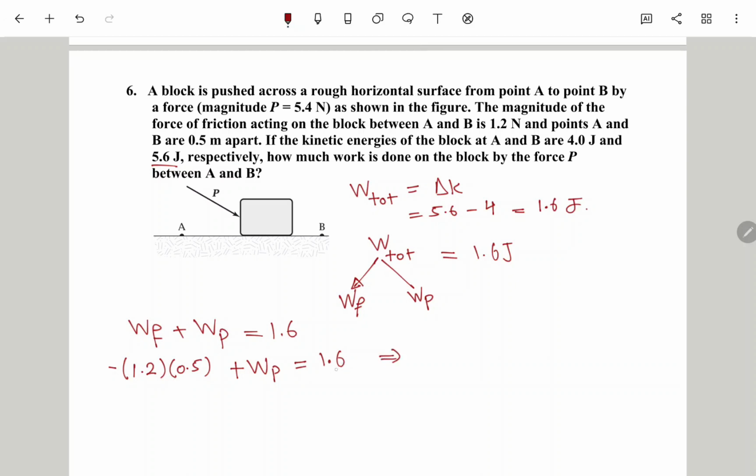Move this part over, so work from P equals 1.6 plus 1.2 times 0.5, which is equal to 2.2 joules. And this is the work from force P.